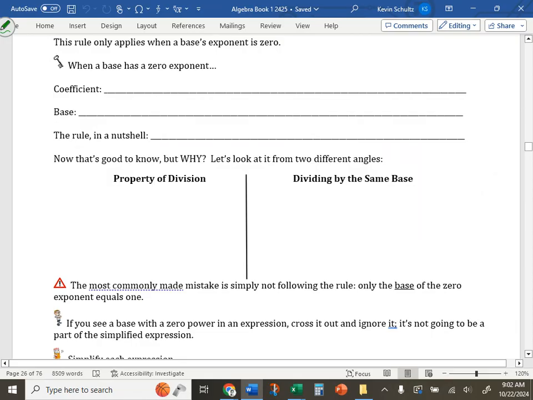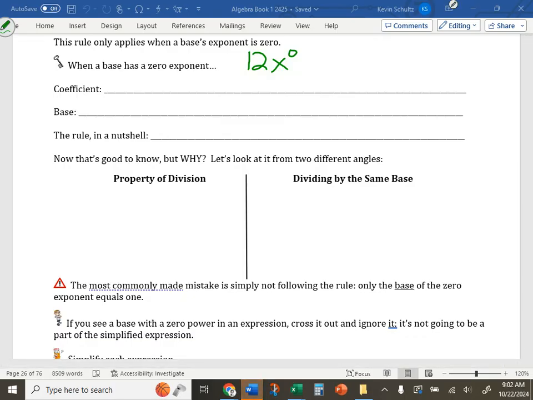Okay? So an example of something to the zero power would be like 12x to the zero. Okay, 12x to the 0. In this case, the coefficient stays the same. This is the only rule in which the base changes.